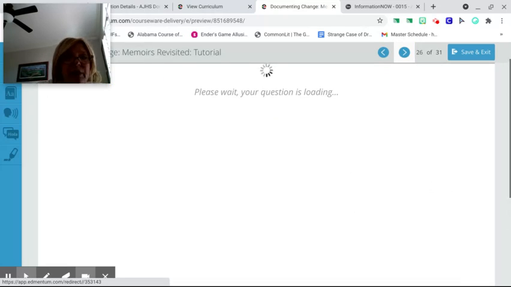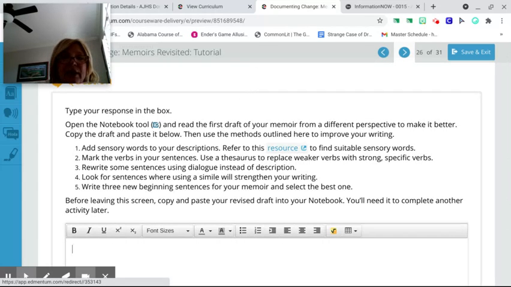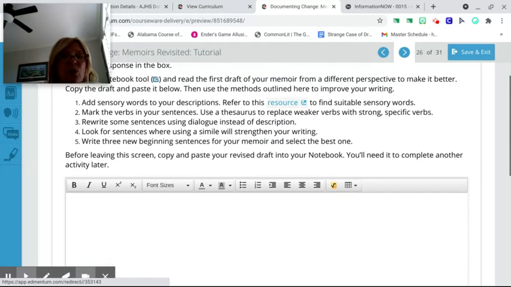Okay, so you're going to open the notebook tool and read the first draft from a different perspective to make it better. Copy and paste it below, then use the methods to improve your writing. Adding sensory words, okay?